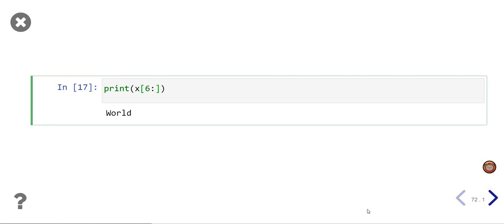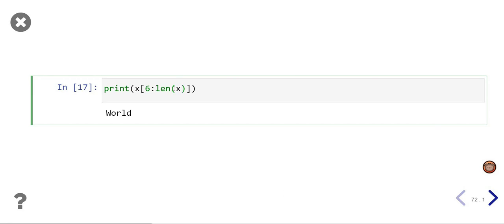And there is also another way that you can use, which is known as length of x. So what is this length of x? It gives you the entire length of the string x.